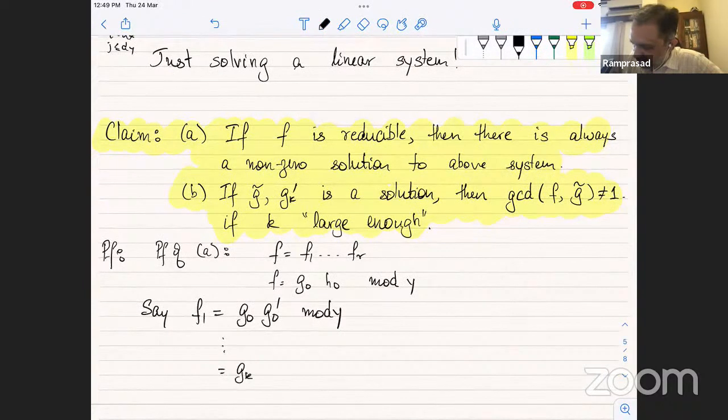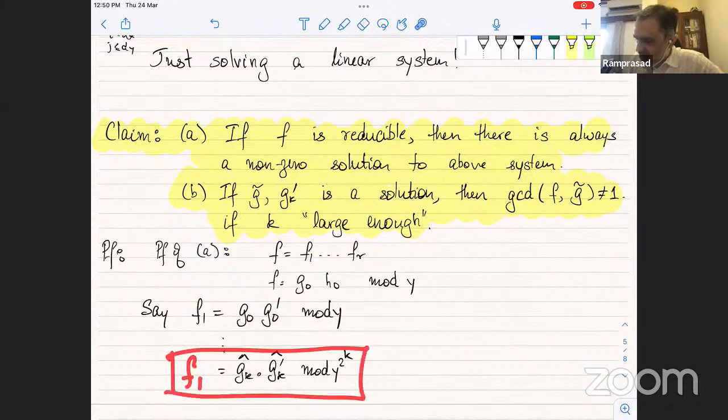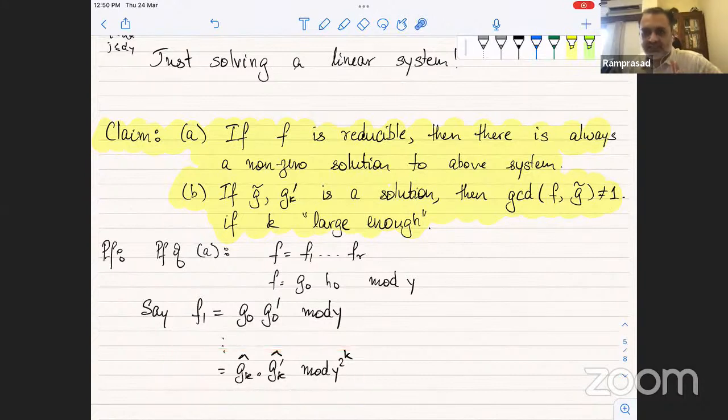You will end up with some GK. Who knows if it's the same GK at all? Maybe it is some GK hat times GK prime hat mod Y to the power 2 to the power K. Now let's take an equation of the form F1 equals this and multiply both sides with F2 to FR.